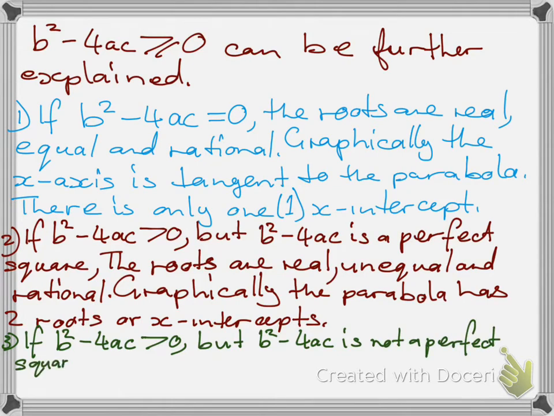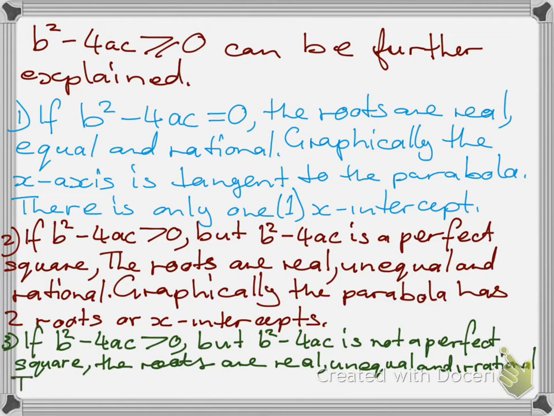Now we've broken down the determinant. Generally, the moment you see that your determinant is greater than or equal to 0, you know that the roots are real. But you can be specific.